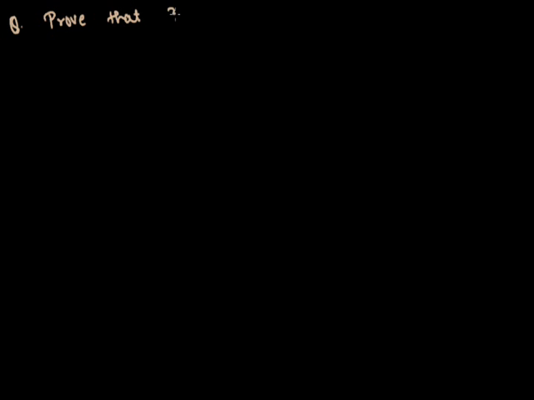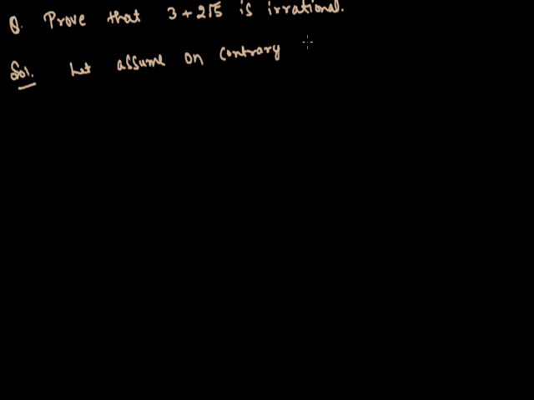Next problem. Prove that root 3 plus 2 root 5 is irrational. Now solution. Again, let us assume on the contrary that 3 plus 2 root 5 is a rational number.